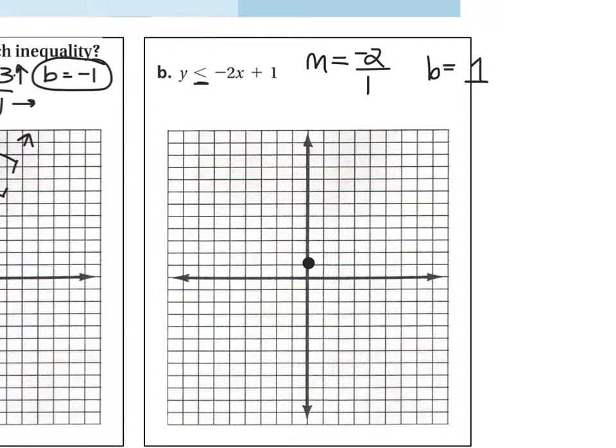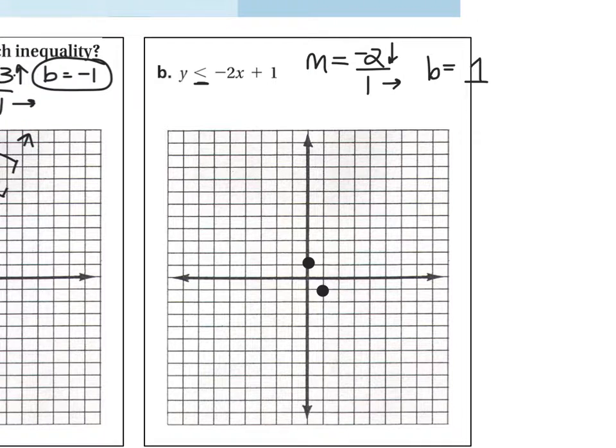So I'm going to go up 1 unit, put a dot. And then from there, I'm going to go down 2 units, and I'm going to go right 1 unit. So from this dot, I go down 1, 2 units, and I go right 1 unit. That's where my next dot will be. So I go down 2, I go right 1, there's my next dot.